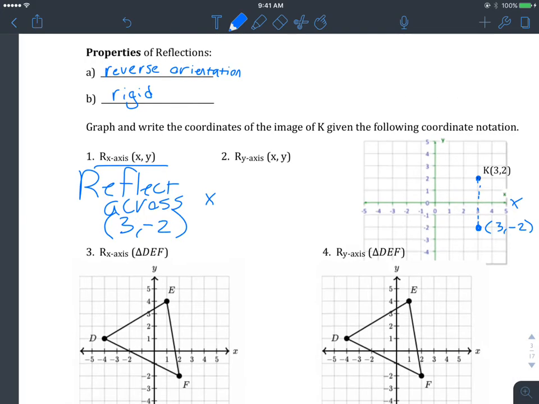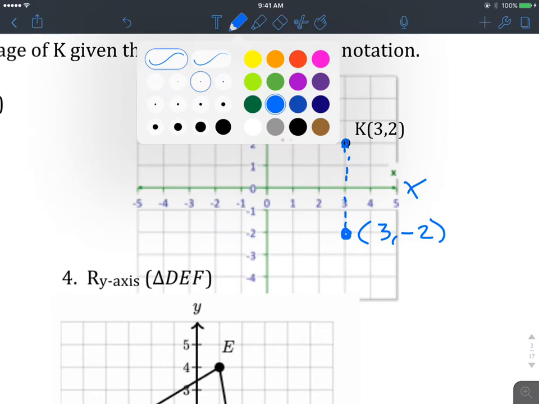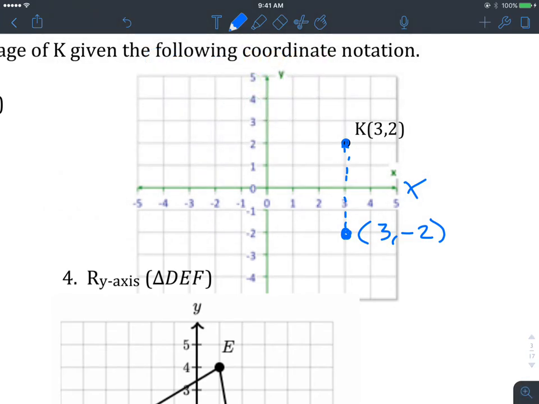Now some people memorize the rules. If you reflect across the x-axis, it changes the sign for the y-coordinate, and if you reflect across the y-axis, people know that changes the x-coordinate. But I don't necessarily remember that. I usually just use a graph, or I take a second to think about where it should be.